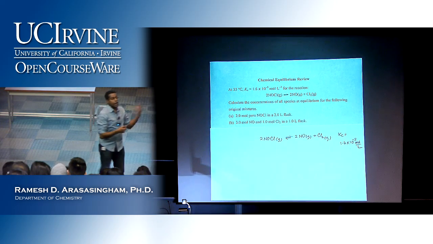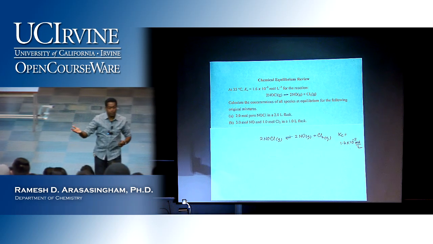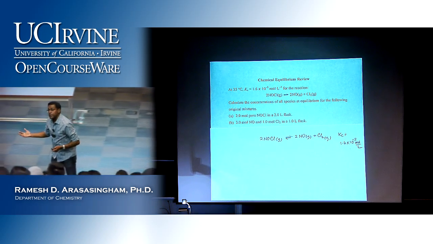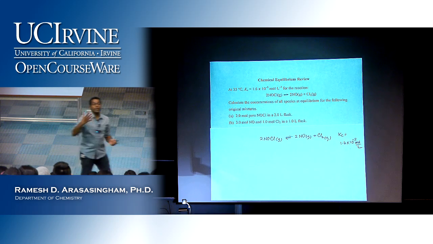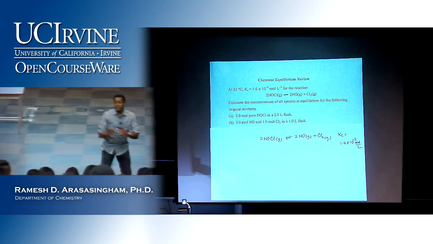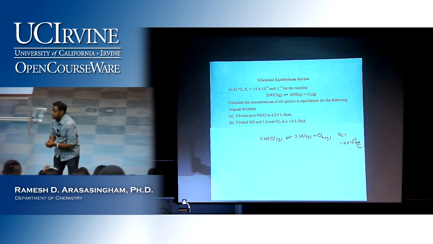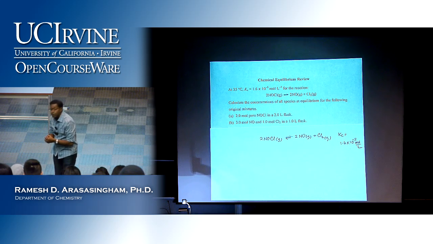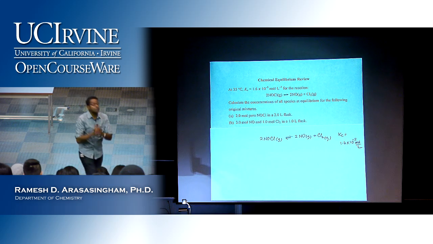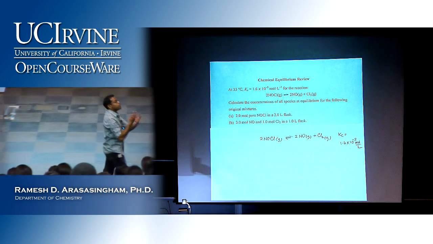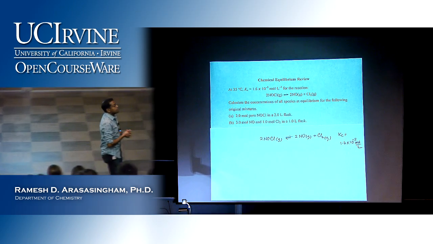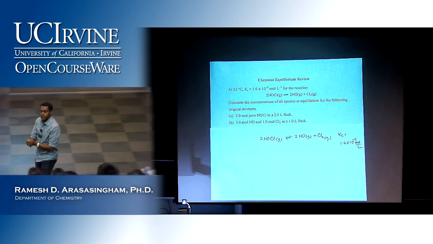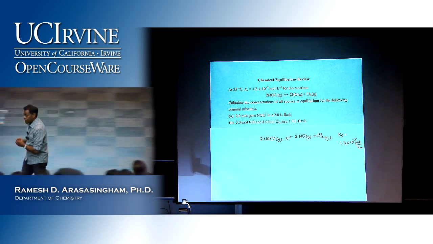If your K value is much greater than 1, let's say of the order of 1,000, what does that tell you about the equilibrium mixture? Lots of products, very little reactants. So it gives you an idea of the composition of the mixture. That is the most important take-home message, because when equilibrium is established, K gives you an idea of what the mixture of reactants and products looks like.